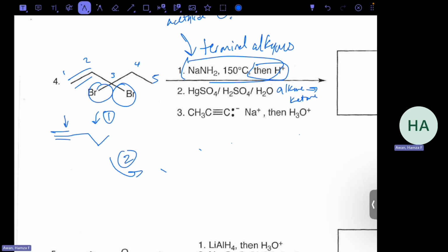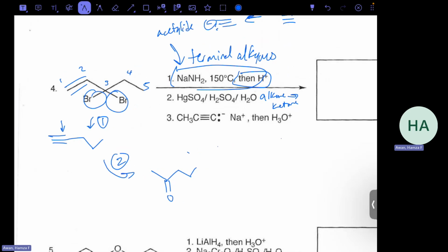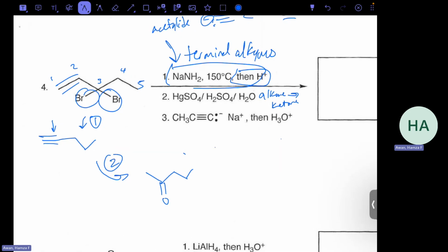So we have our double bond O, 1, 2, 3, 4, 5. So our 5 carbon chain has a double bond O. And even if you didn't know what we had, if you look at this, I think it looks very similar to a Grignard reagent, right? And Grignard reagents love attacking these partially positive carbons.